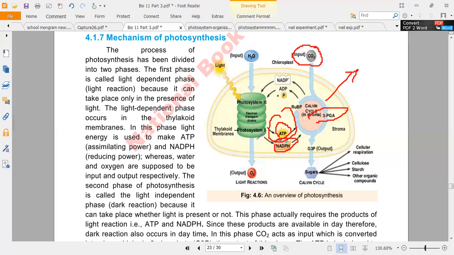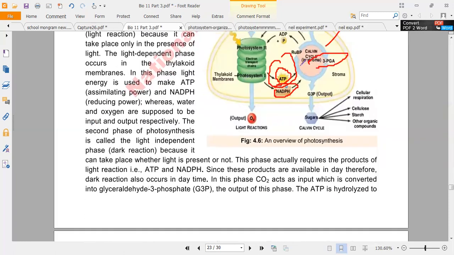One is called cyclic photophosphorylation and the other is non-cyclic photophosphorylation. Why one is called cyclic and the other non-cyclic, we will see in the next lectures. So our final products are sugar and oxygen, and water is also formed during this reaction.